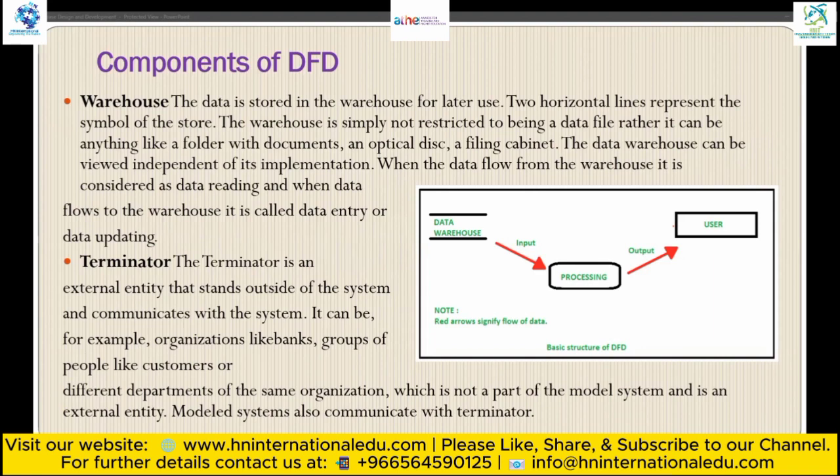The warehouse is not restricted to being a data file. Rather, it can be anything like a folder, an optical disk, a filing cabinet, or a USB. The data warehouse can be viewed independent of its implementation, meaning you can say anything about a data warehouse.